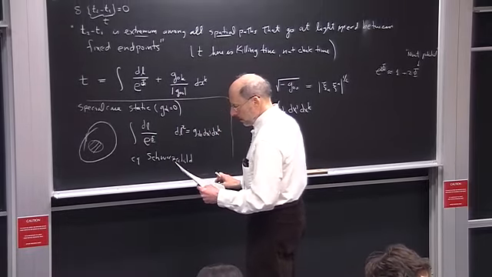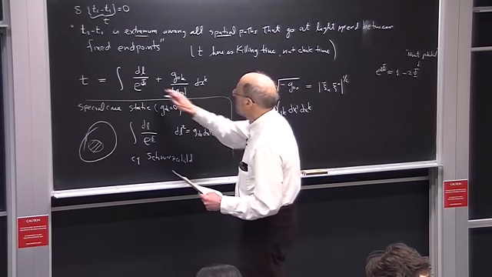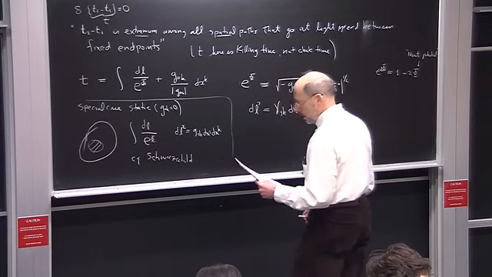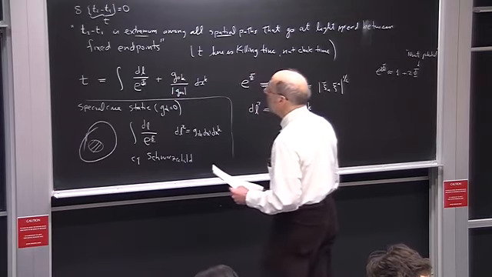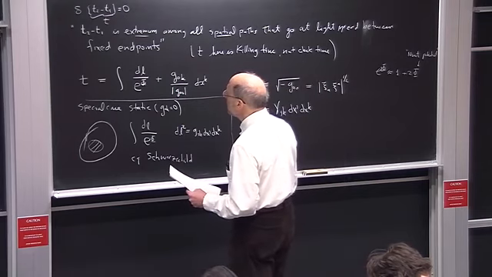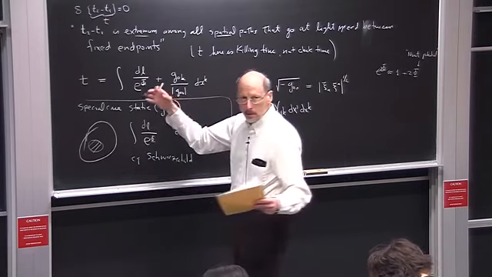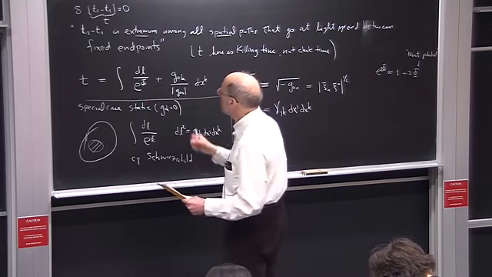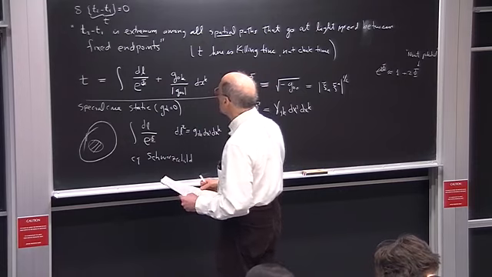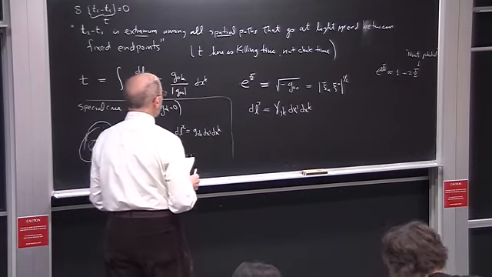Another thing that you see from this formula is that when you get near the sun, remember this phi gets smaller, so the Newtonian potential becomes more negative as you approach a massive body.